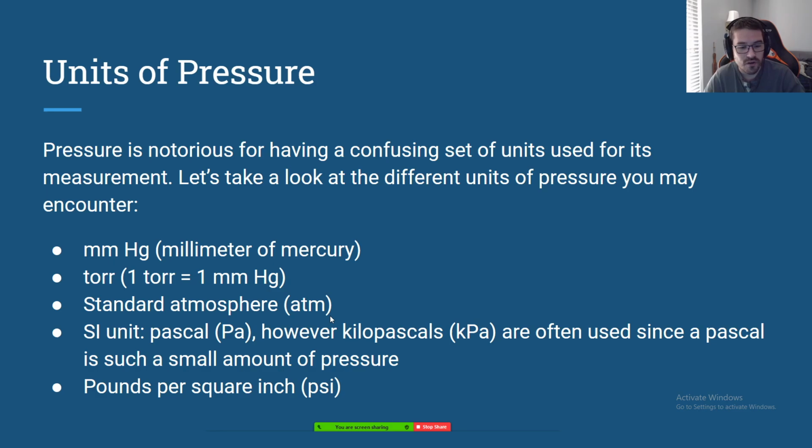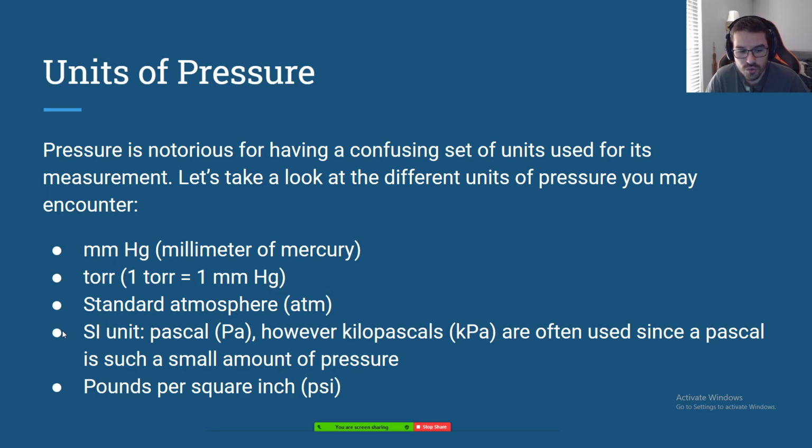Approximately 1 atmosphere is standard atmospheric pressure that we experience here on Earth. Obviously, it fluctuates from time to time and place to place, but 1 atmosphere is about what we experience on an everyday basis.